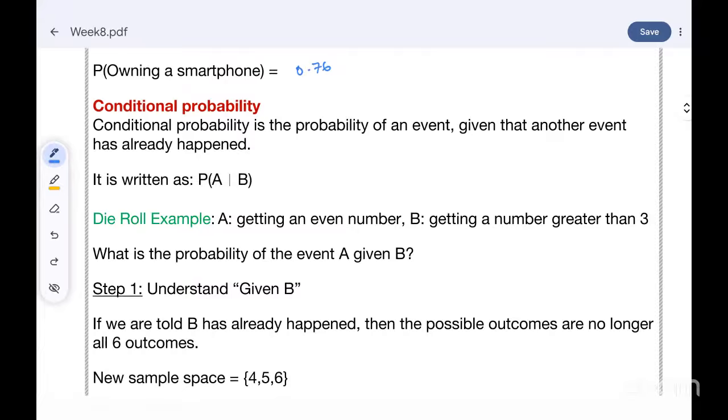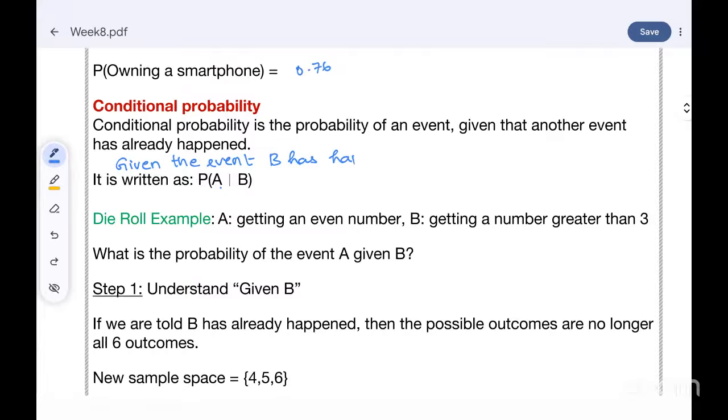We are given that a certain event is already happening, and in that condition, what is the probability of the other event? For example, what does P of A given B mean? Given that the event B has already happened, what is the probability of A?